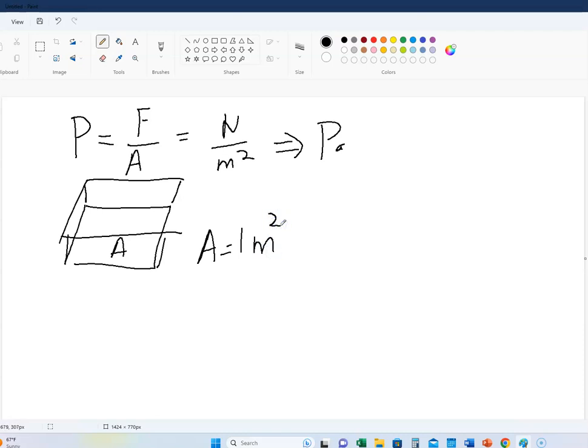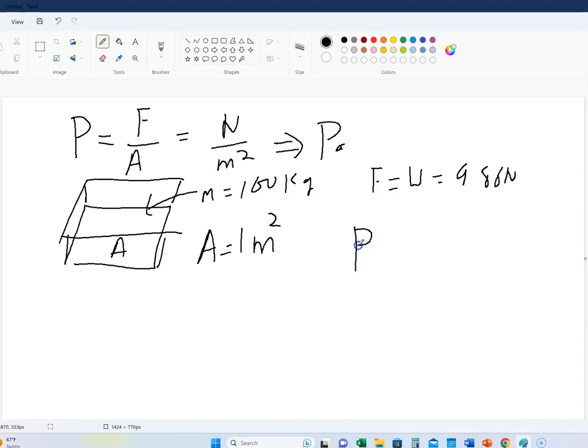Now this object has some mass, and again, let's say it's 100 kilograms, just to make our lives simple. We know that the weight, which is the force, if it's just laying on the ground, is going to be 980 newtons.